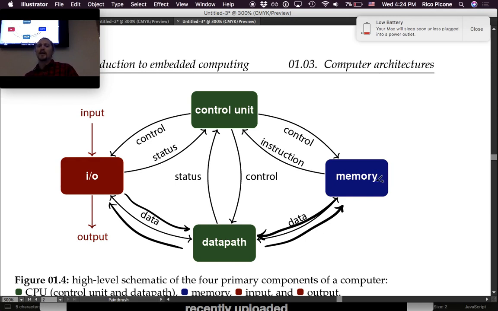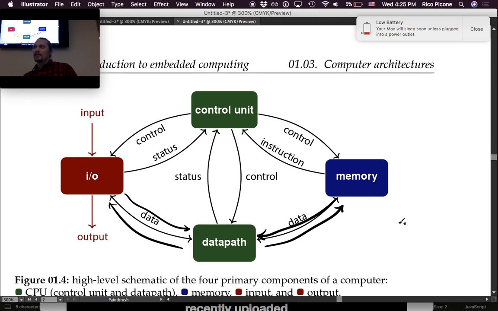So the control unit doesn't really hold on to those commands. What it's doing is figuring out from memory what the next instruction is to do, and then it knows the right steps. It's like interpreting the next instruction and then telling its team of devices what to do with that instruction that just came down.